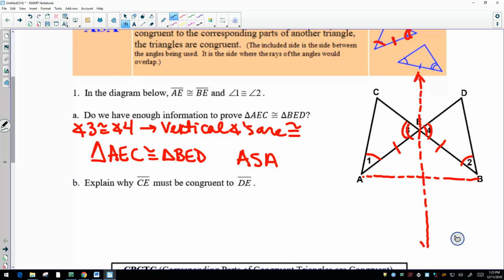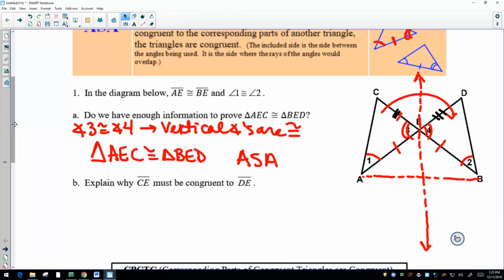It's going to be a good line of reflection. I could reflect this triangle over the line of reflection, and I could see that they would map onto each other. Meaning if my triangles are congruent, now I could see all of the corresponding parts, the parts that match up, have to be congruent. And side CE and DE are going to be considered your corresponding parts.